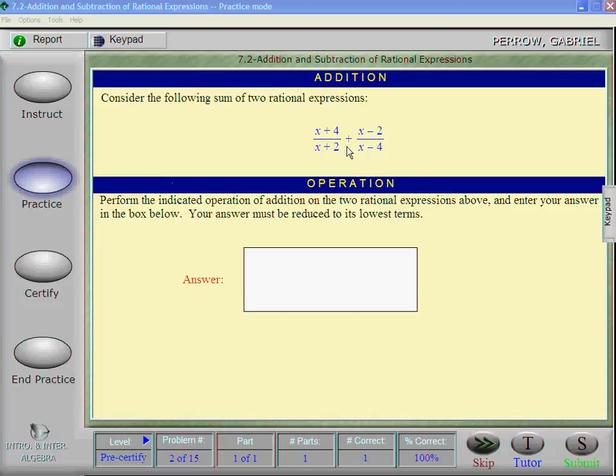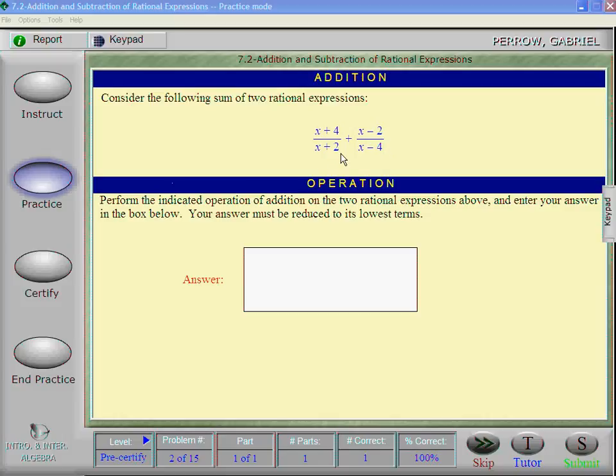When you look at these denominators, x plus 2 on the bottom here, x minus 4 on the bottom here, what you're going to need to do is come up with a common denominator based on those values. The weird thing about this is that x plus 2 and x minus 4, even though some of the individual terms are common in a way, x and x, 2 and 4, 2 divided into 4, they're still completely unrelated when it comes to this process.